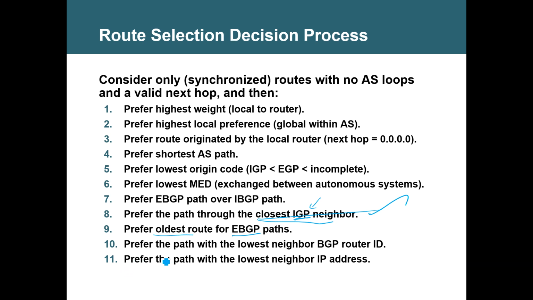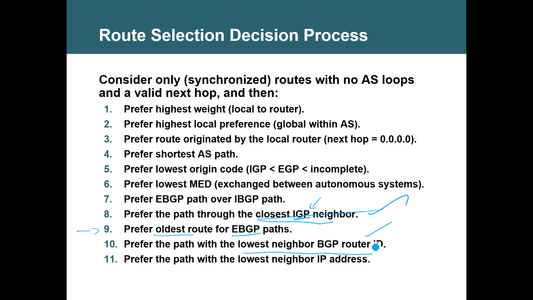Now what if both the EBGP neighbors gave the route at the same time, same milli, micro, nanosecond? In that case, it prefers the neighbor whose router ID is lower. Definitely this will be a tiebreaker. No two EBGP neighbors will have same router ID, right? So one will be lower than the other.